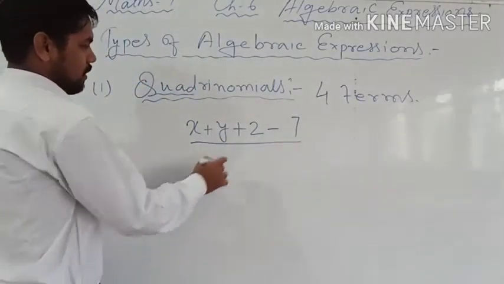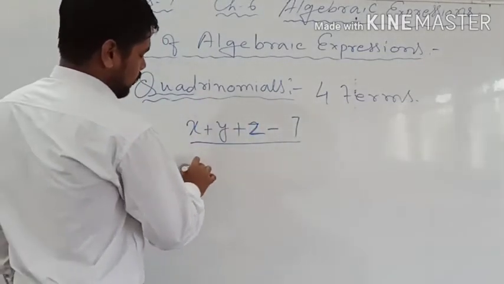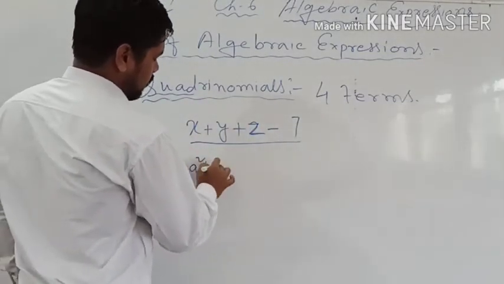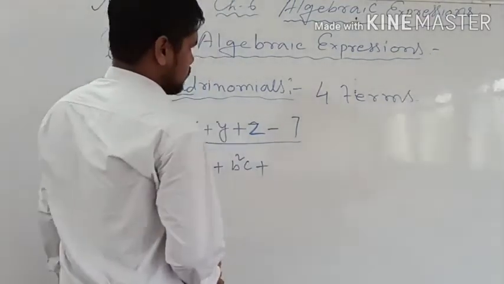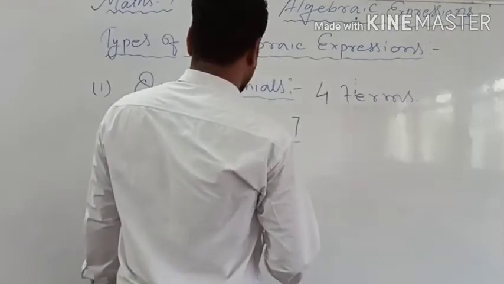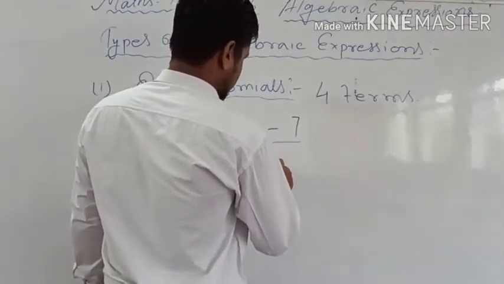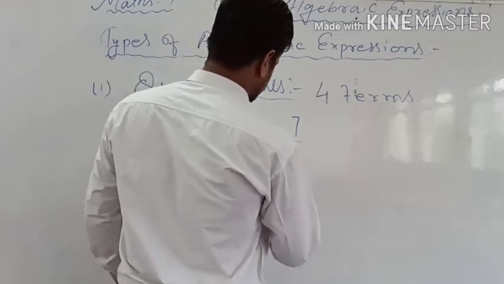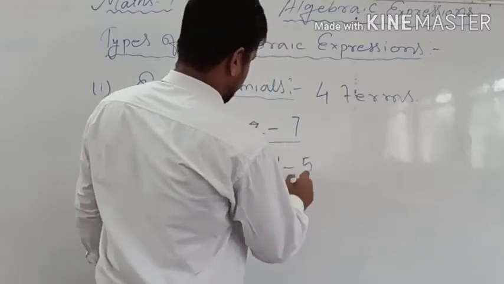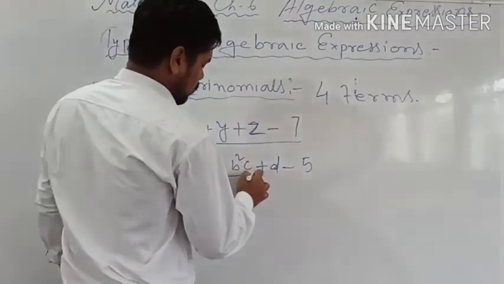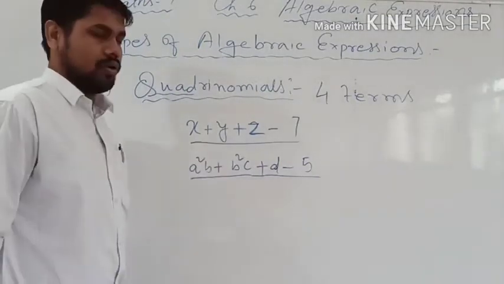Suppose a square b plus b square c plus d plus or minus suppose 5. So here how many terms? 1, 2, 3, 4. So this is also called quadrinomials.